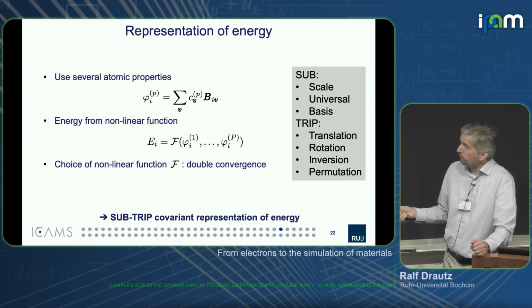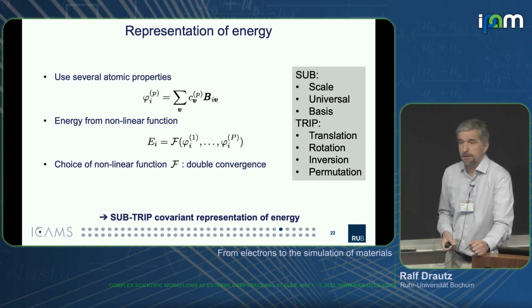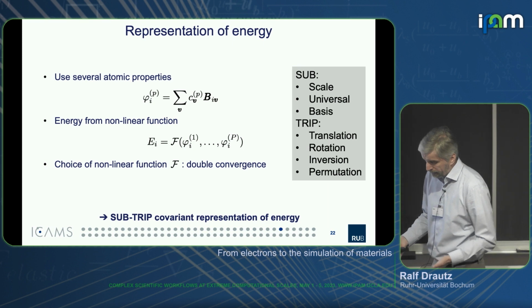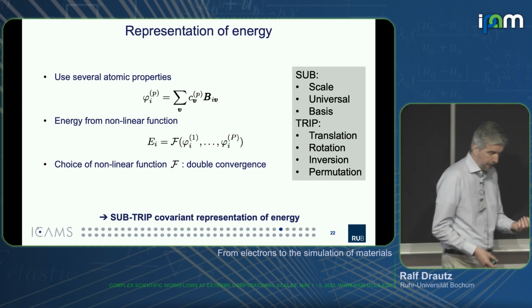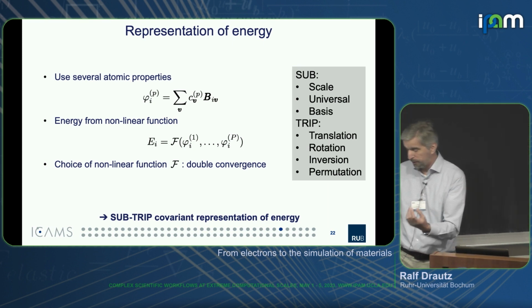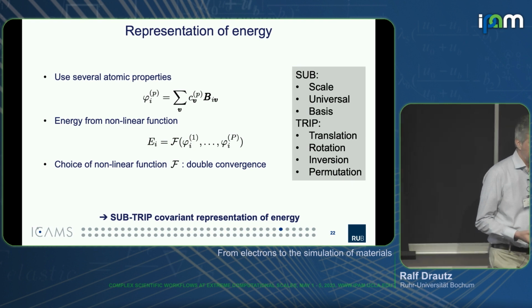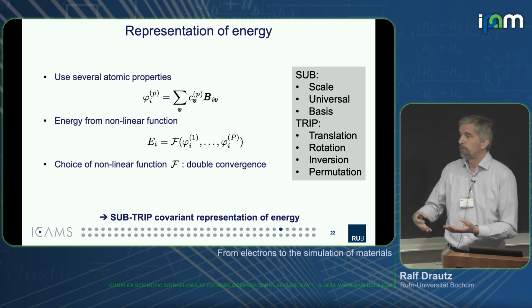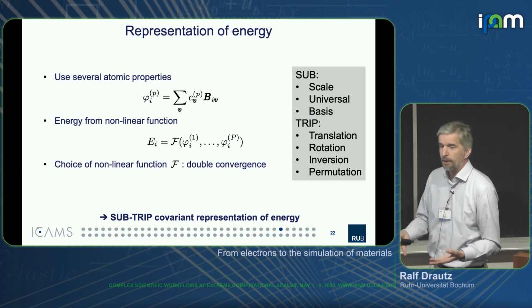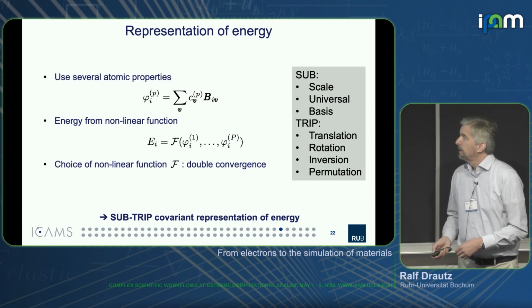And so we could write the energy as some kind of nonlinear function that depends on several of what we call atomic properties. So the physics behind that, or the chemical intuition, maybe: we have a bonding contribution, and then we have a repulsive contribution if we think in terms of a simple tight binding model, and the repulsive contribution may be short-ranged or something like this.